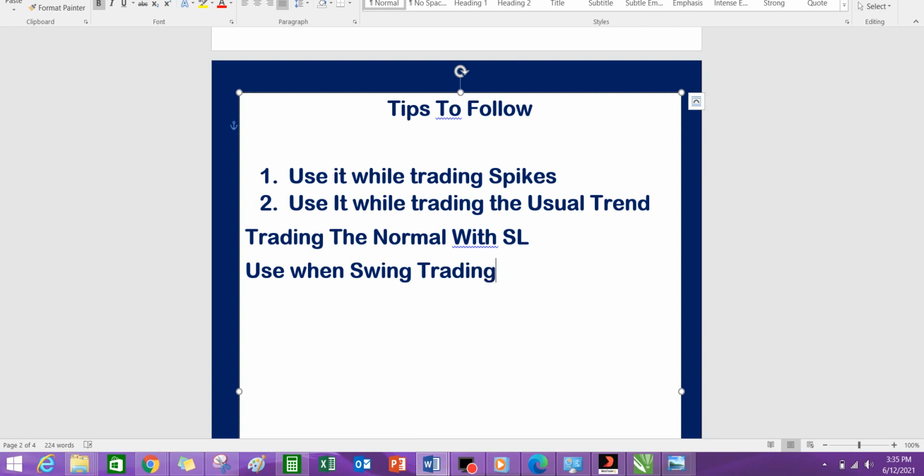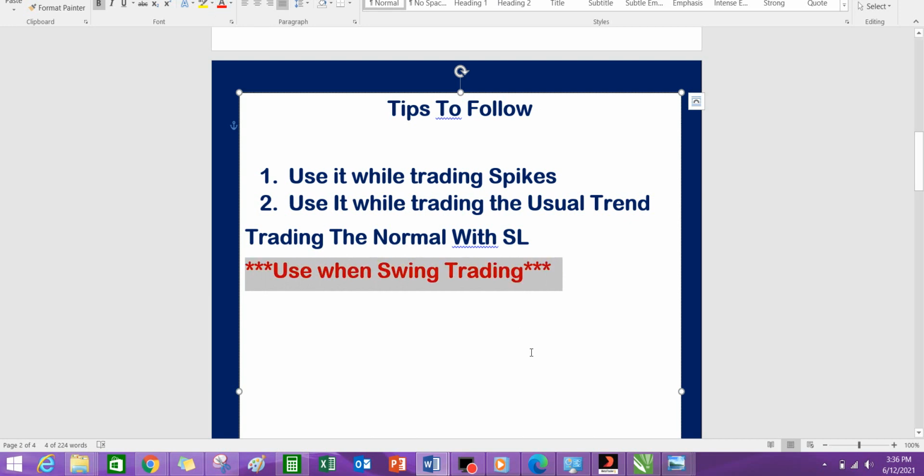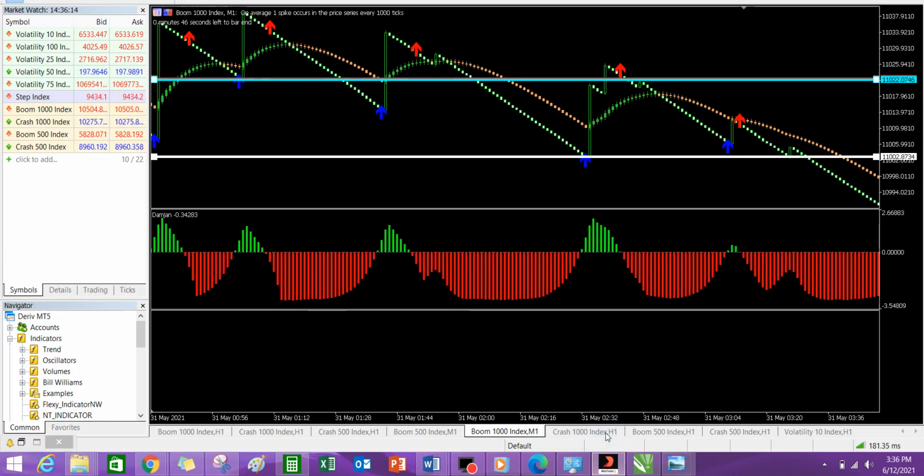Don't use it to scalp. Use it when swing trading. That is the best way to go about it. If you use it when swing trading, it will be highly effective for you, and I'm going to explain that to you briefly. So let's go straight to the chart.